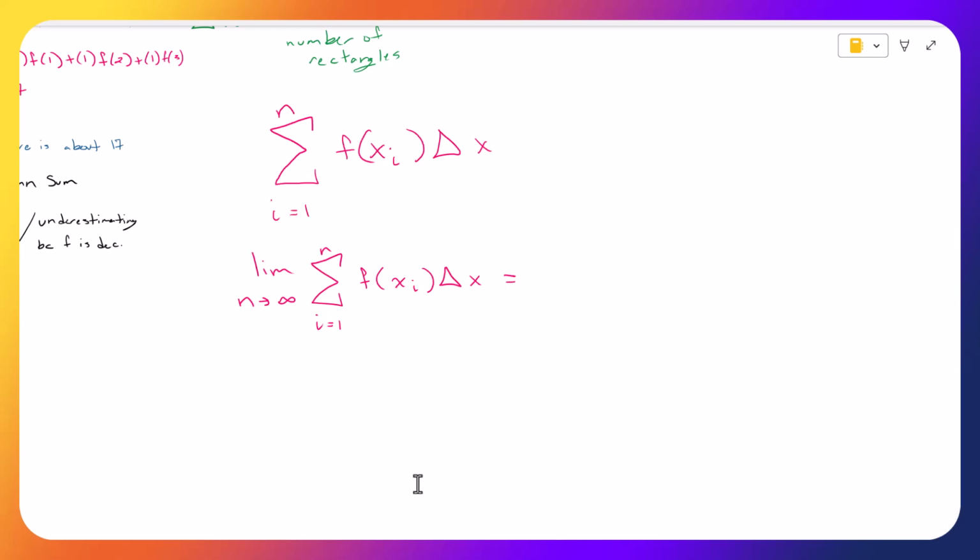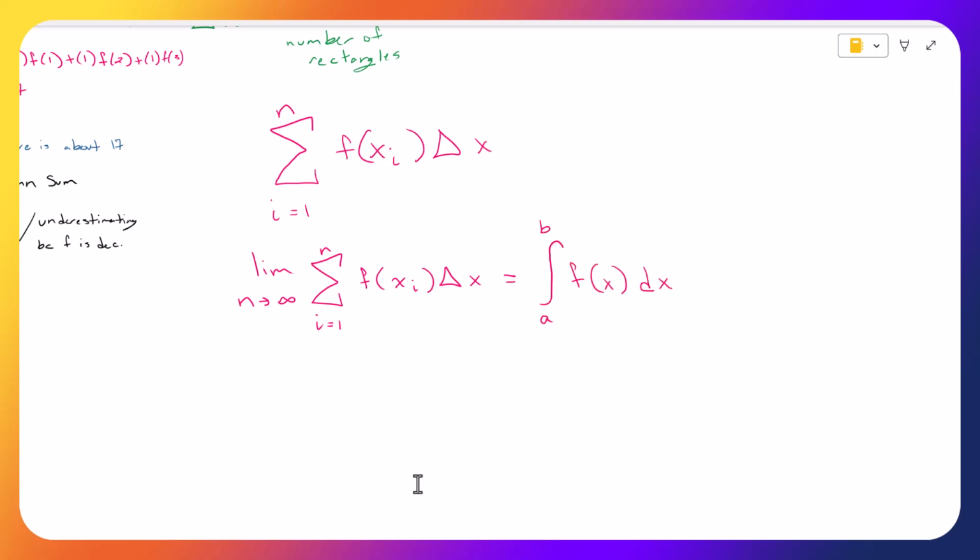This is actually our integral from a to b of f of x dx.